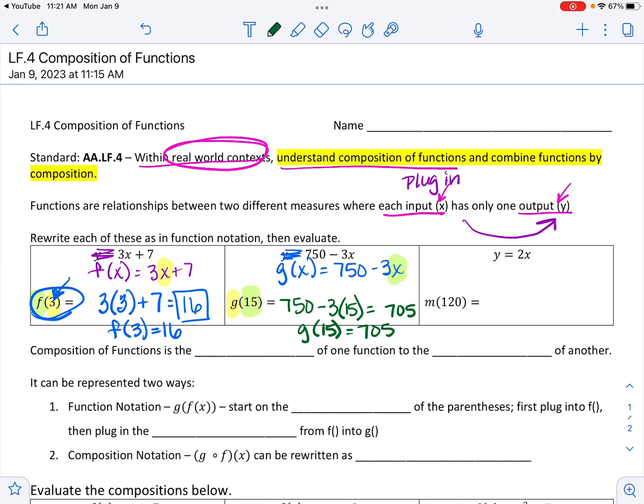Okay, so a composition of functions is the application of one function to the results of another.